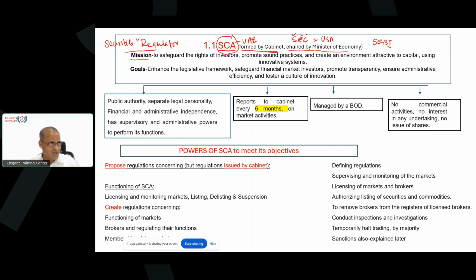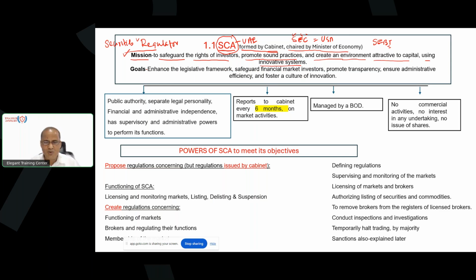Their mission is not about making profit or opening branches or having factories. Their mission is to safeguard the rights of investors, promote sound practices, and create an environment attractive to capital using innovative systems.